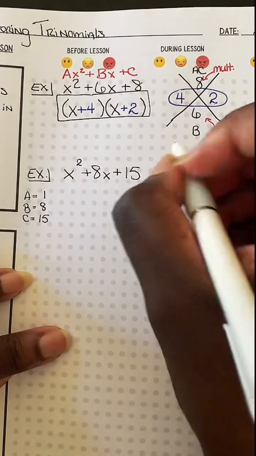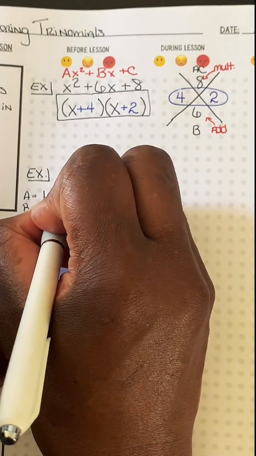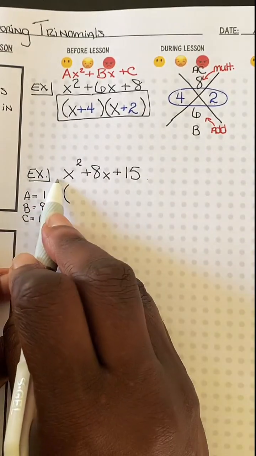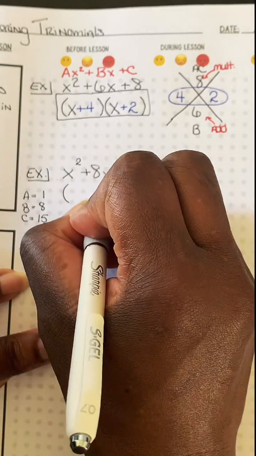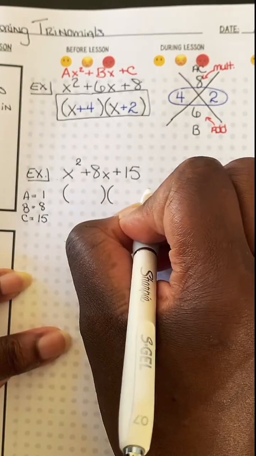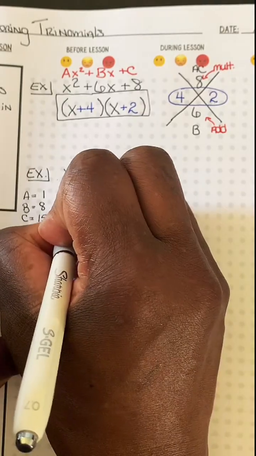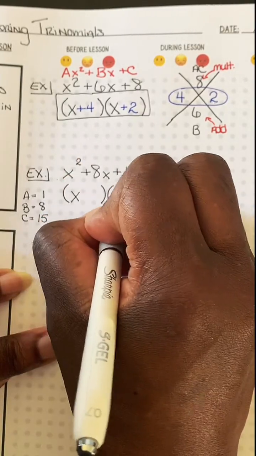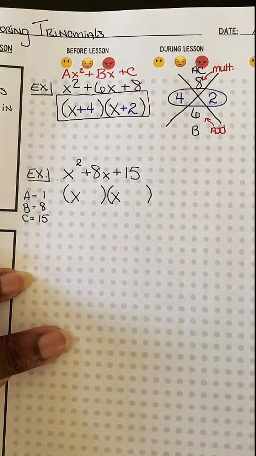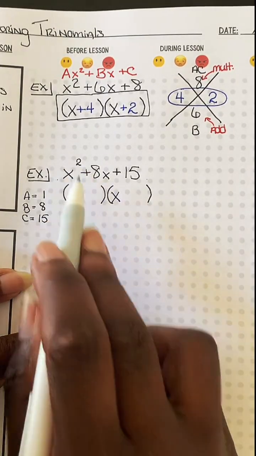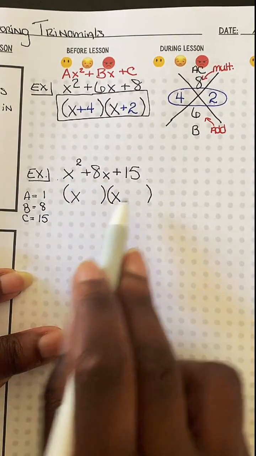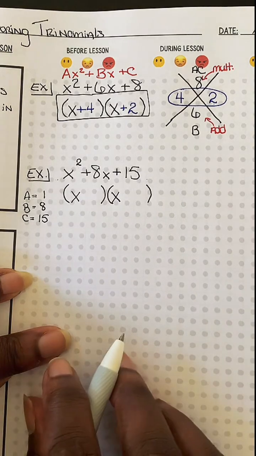So now, since my leading coefficient, the number in front of that x squared, is 1, I can just go right ahead and split my x's. The reason why there's 2 is because my exponent is 2. That means I should have 2 solutions technically.